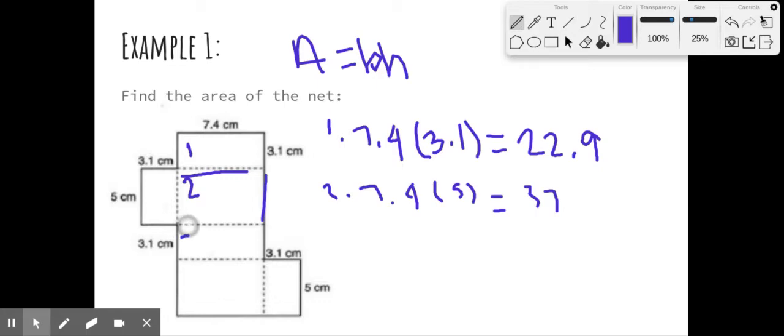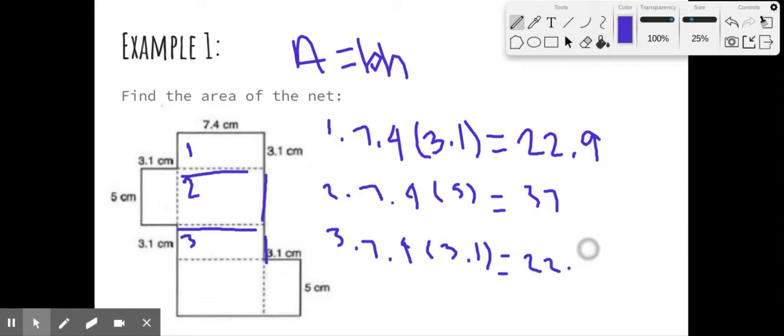So now I'm going to do this one. I'll put a little 3 right there because it's the third one. We have 7.4 right here, and then this is 3.1. So 7.4 times 3.1. I promise I'll get a better stylus, and then this will look prettier. If you look, those are the same numbers as number 1, so we know that that's going to be 22.9 also.